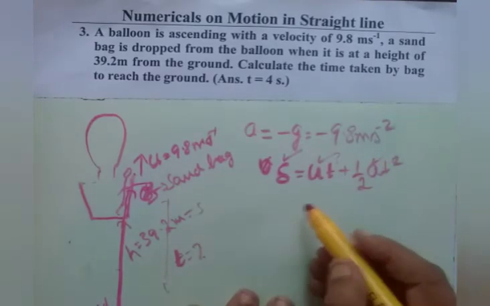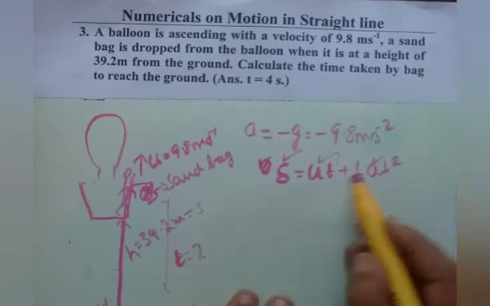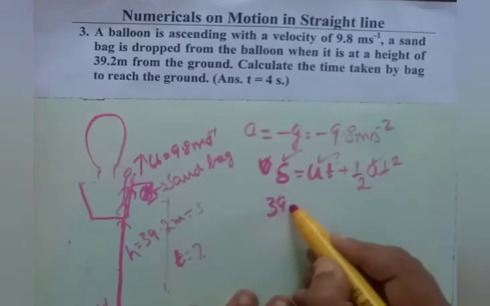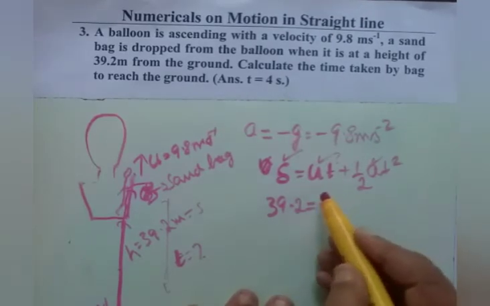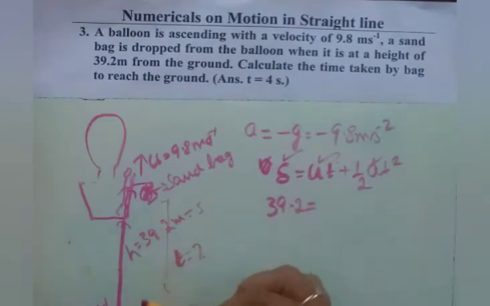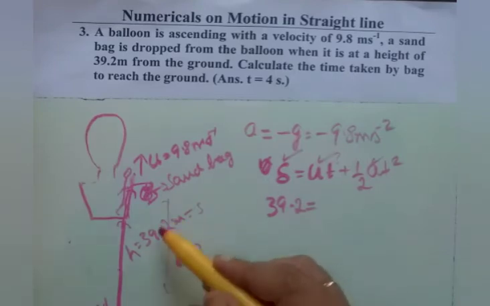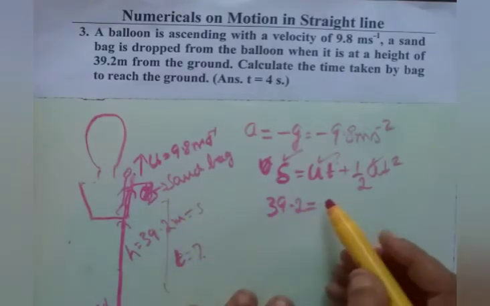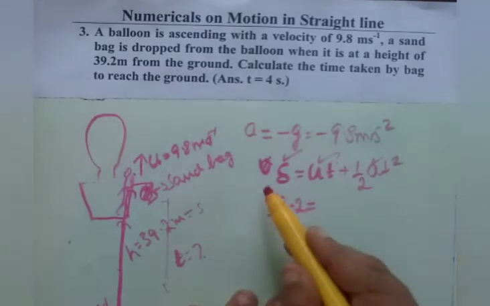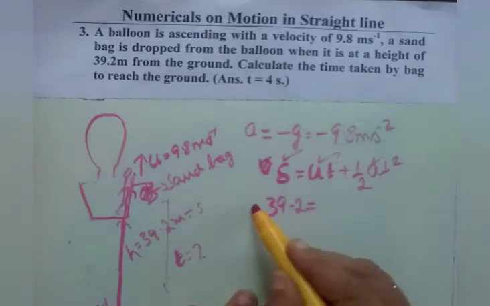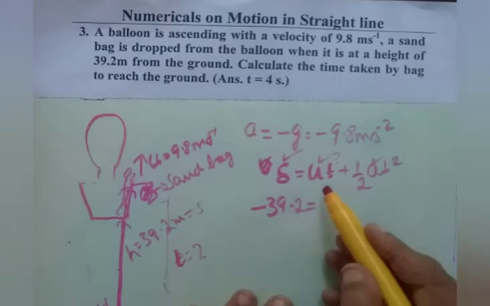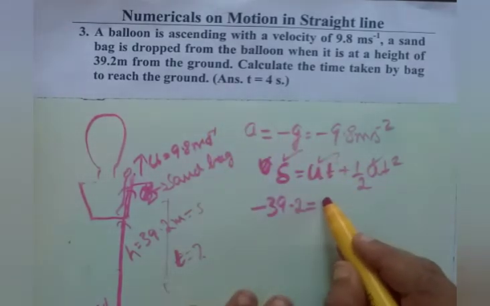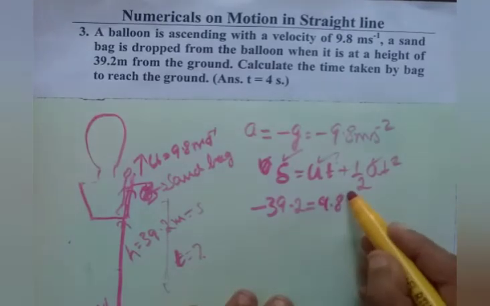So we can substitute everything, except for t, everything is known. We substitute. 39.2 equals, observe, h is downwards, displacement downward. The sandbag comes down, therefore S is taken as positive. Or if you take displacement in the negative direction, minus 39.2. u upwards, so positive y direction, 9.8 plus t.